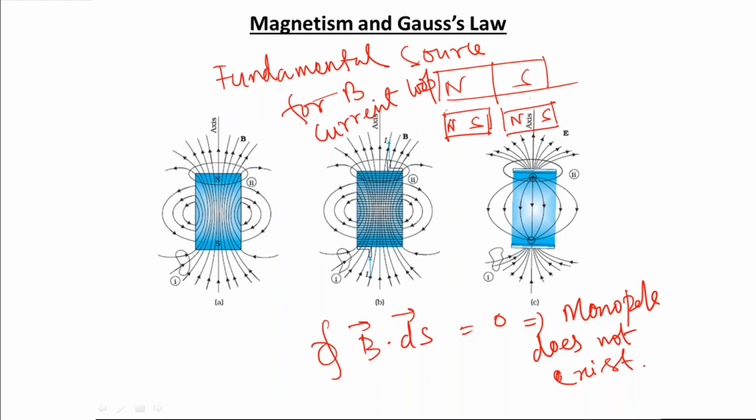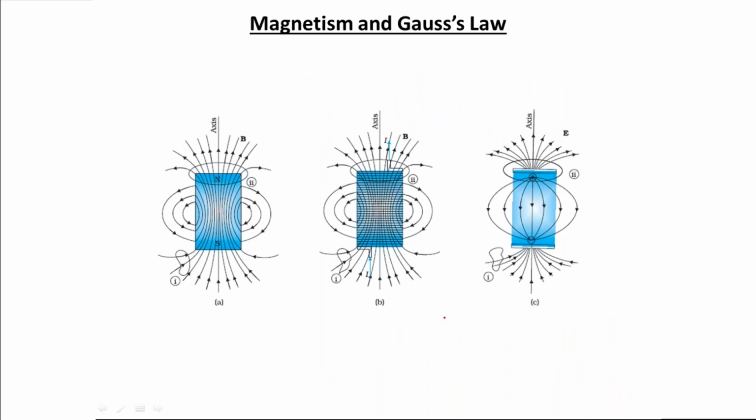So if monopole does not exist, that means north pole and south pole cannot be separated from each other. Now see, in case of electrostatics, you have both positive and negative charge for a dipole.